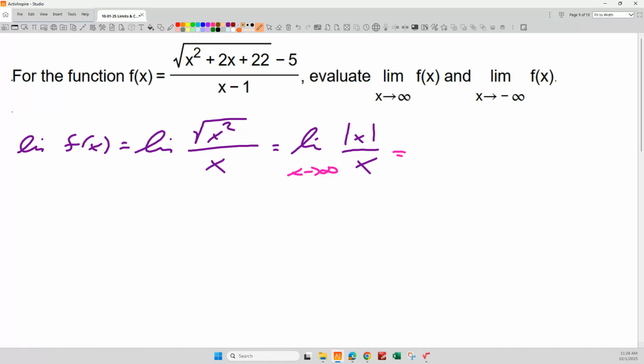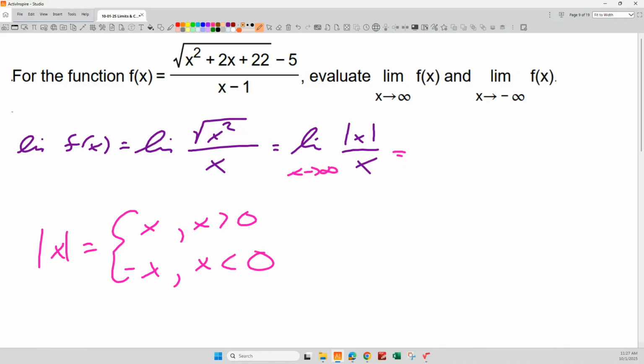Positive valued. And so the absolute value of a positive input just gives me that input as the output. That makes sense? Remember that piecewise function? We know that the absolute value of x equals itself when x is positive, and the opposite of itself when x is negative, right? So then this would just equal x over x, which is 1.